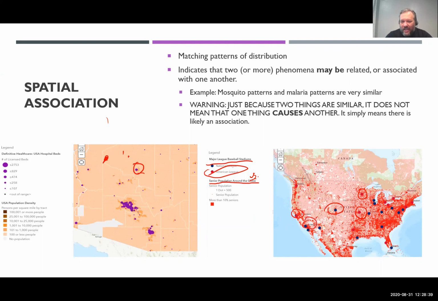The answer is yes. But does that mean that because seniors live there, that caused the baseball stadiums to be built? That answer is probably no. Baseball stadiums are built where lots of people are, and there just happen to be lots of seniors where lots of people are. Just because there's this association doesn't mean it's causal.